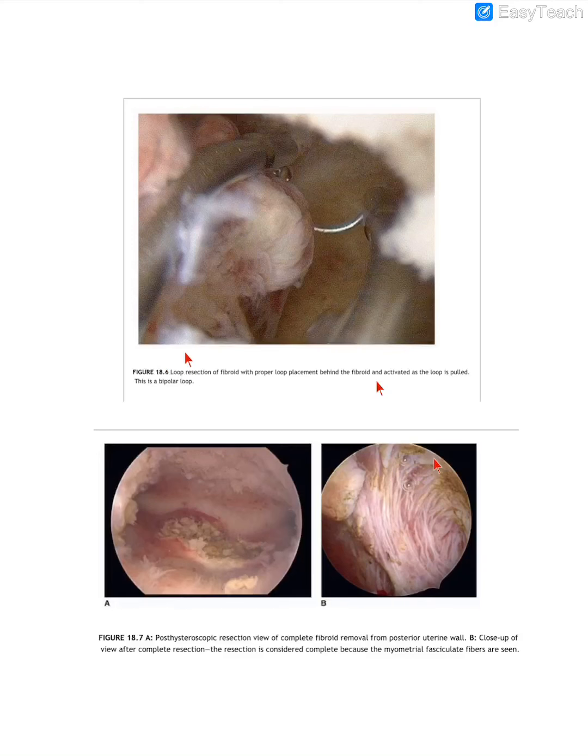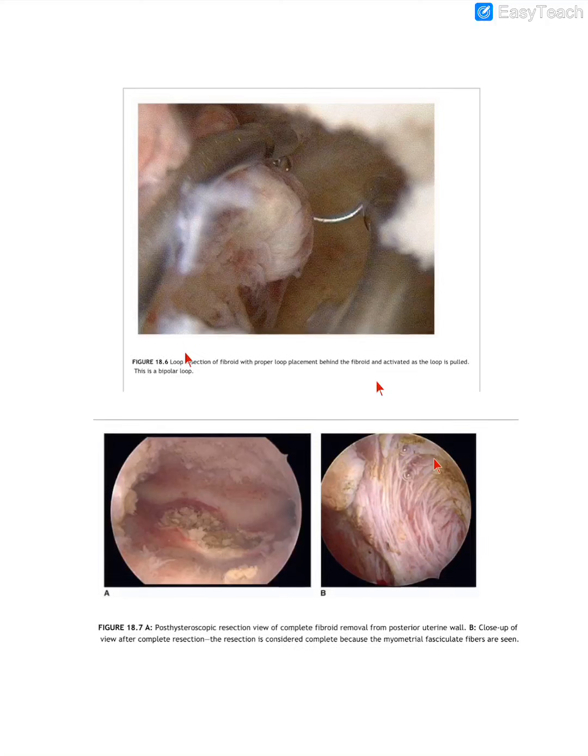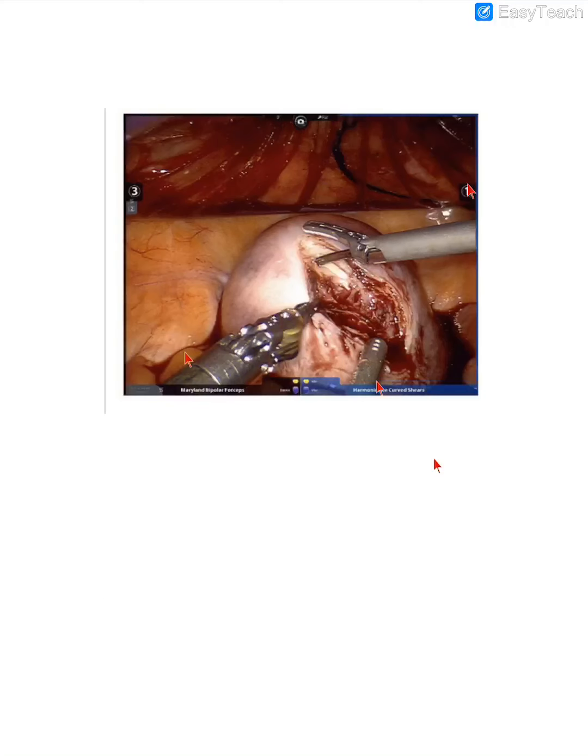So this is a picture showing the loop resection of fibroid in hysteroscopic myomectomy, and this is the post-hysteroscopic resection view. You know that the resection is complete when you can see the myometrial fasciculated fibers. This is a picture showing a laparoscopic myomectomy where we are using harmonic.